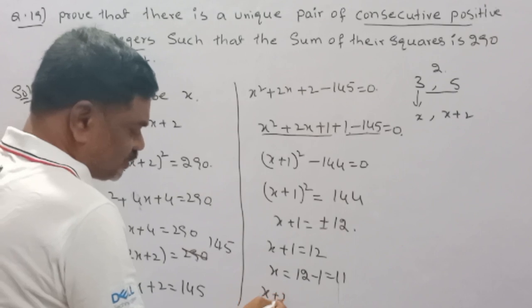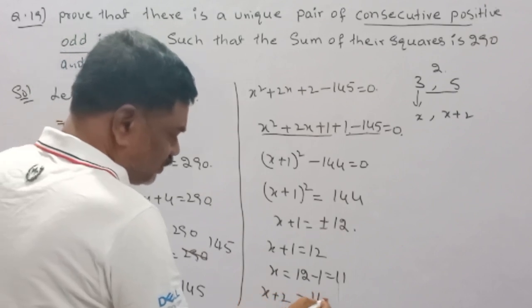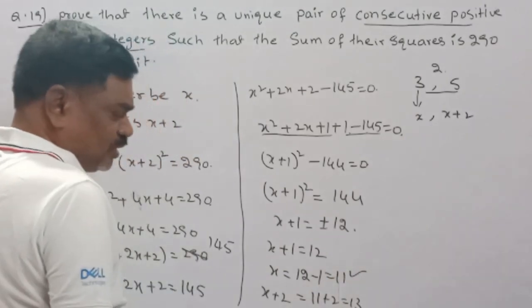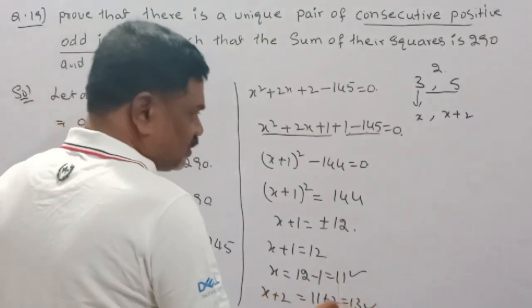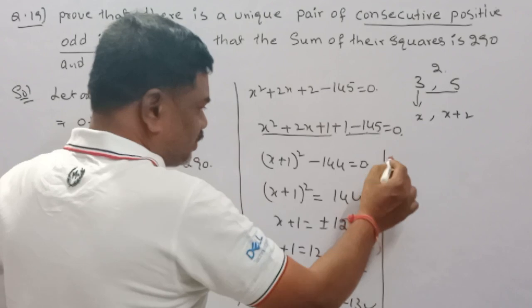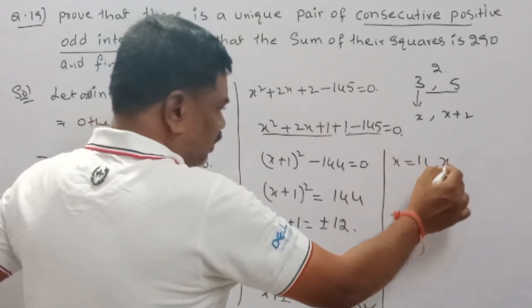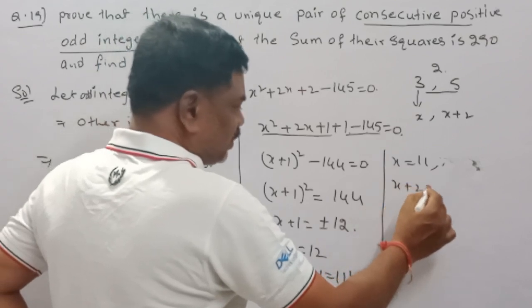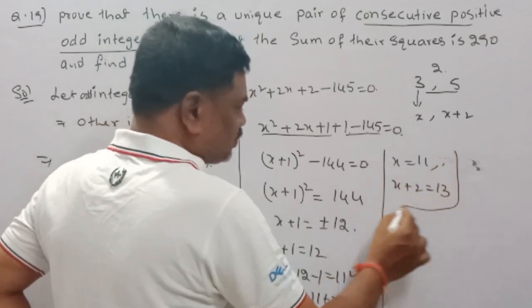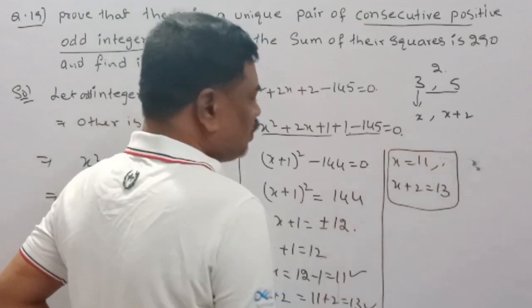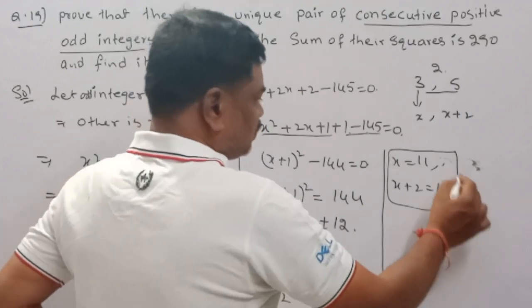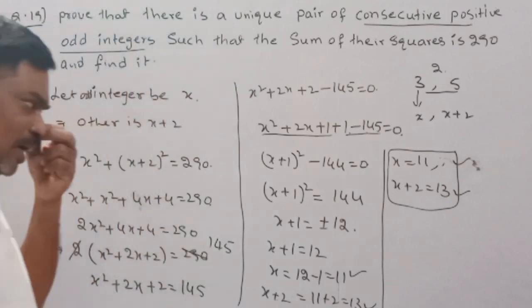Then what is x plus 2, the other number? 11 plus 2 is equal to 13. One number is 11, the other number is 13. So x is equal to 11, and x plus 2 is equal to 13. These are consecutive positive odd numbers.